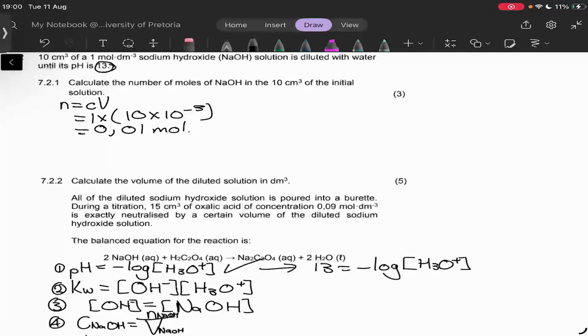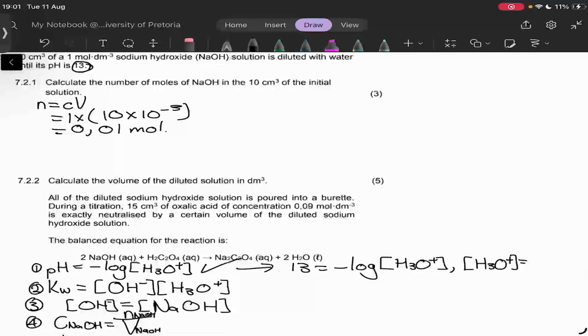If I simplify this, I end up getting my concentration of H3O plus being equal to 1 times 10 to the power of negative 13 moles per decimeter cubed. I'm running out of space a bit. My apologies for that, but let's carry on.